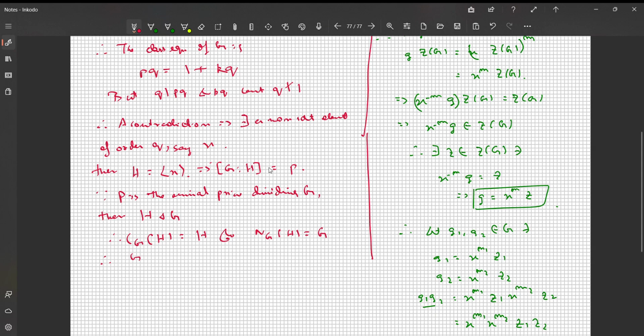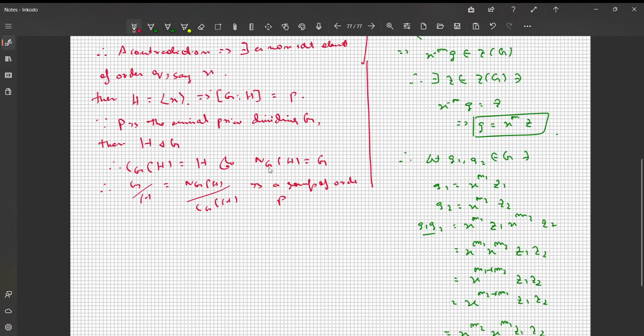Therefore, G mod H, which can be written as the normalizer of H in G mod the centralizer of H in G, is a group of order P, and it is isomorphic to a subgroup of the automorphisms of H, right?